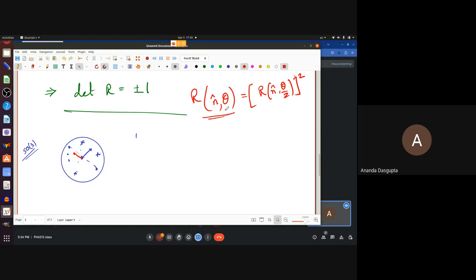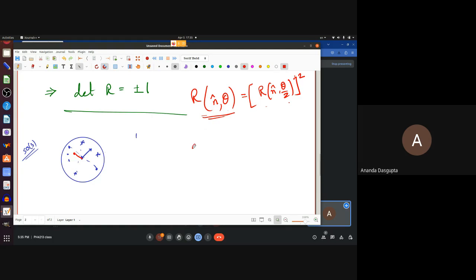Every rotation, that's actually a good argument. But not the way you were talking about, it's the other way. If you say Rn theta is always the product of Rn theta by 2 twice. Can you see why this implies that Rn theta has to have determinant 1?